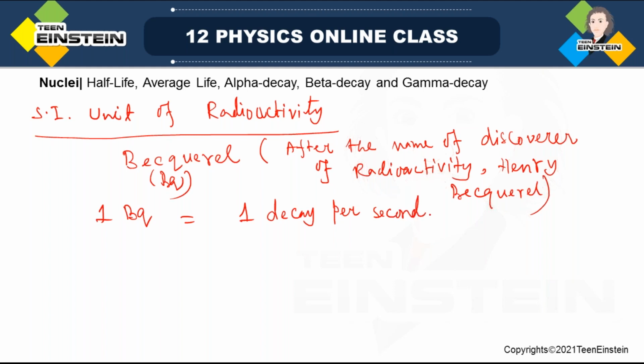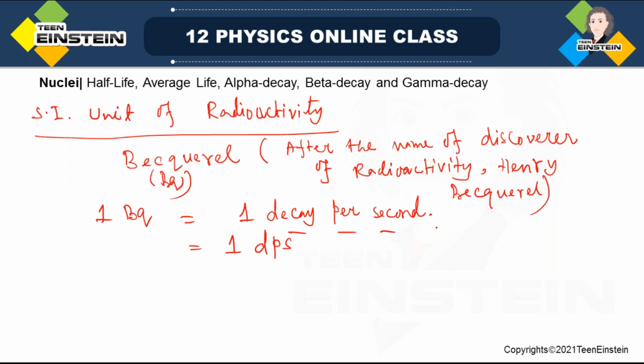This 1 decay per second is in short written as DPS, and you may get this sometimes. 1 becquerel means 1 DPS.